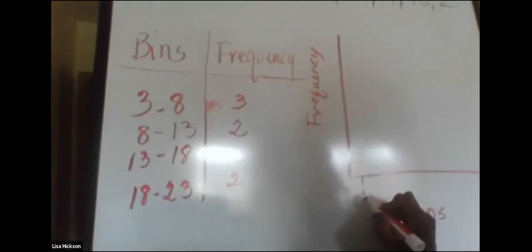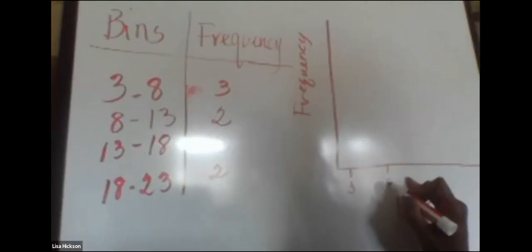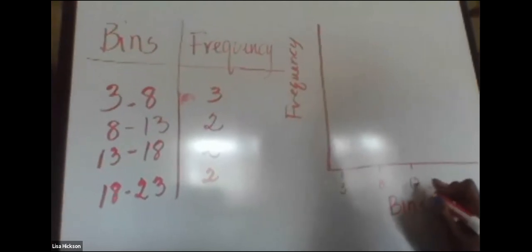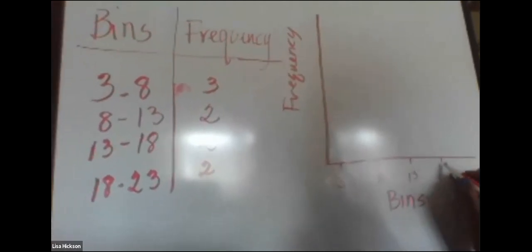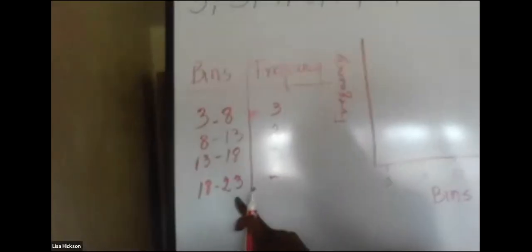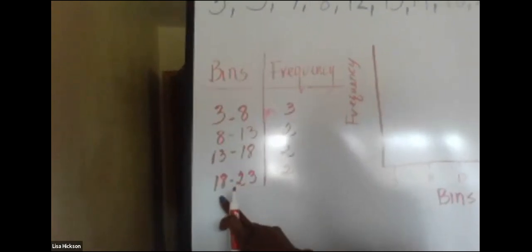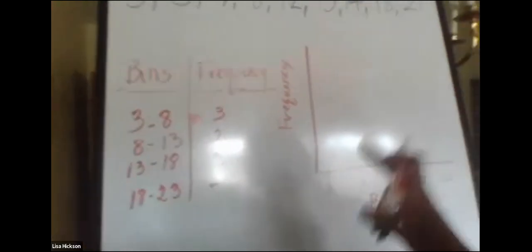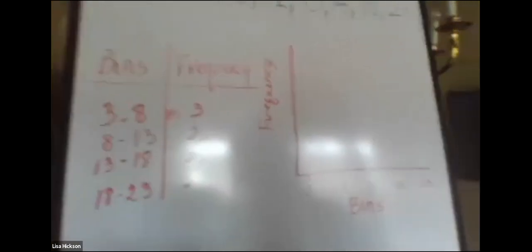So 3, 8, 13, 18, and 23. Now, you see that this last bin, although it goes to 23, our highest number is only 21.